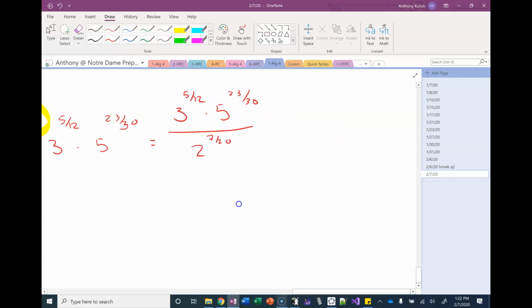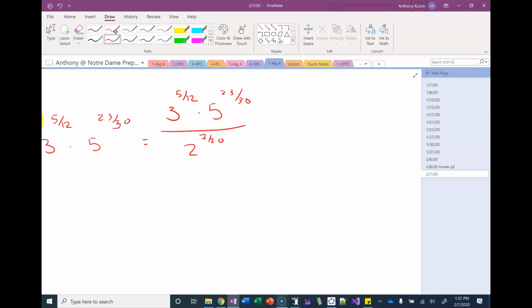Okay. Now, I can't have that fractional exponent in the denominator, so I need to fix that. So I'm going to ask myself, what's the first whole number after 7/20? 1. How many more do I need to get to 1? 13. Everybody good with that?